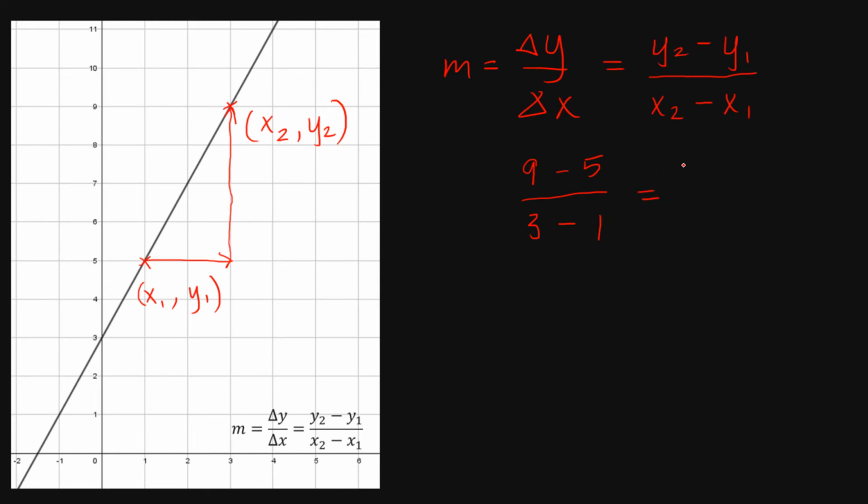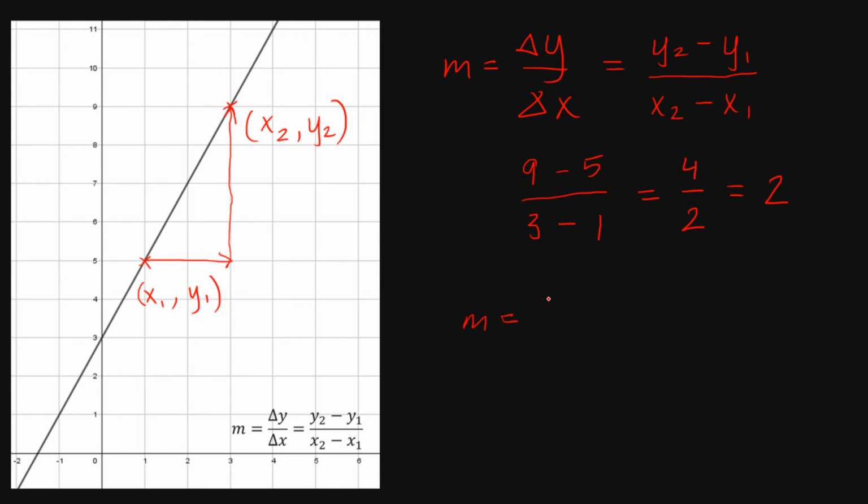Then we get 4 over 2, and that equals 2. So the slope is 2.